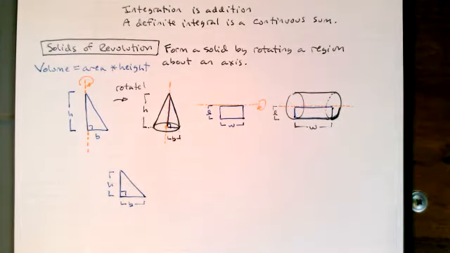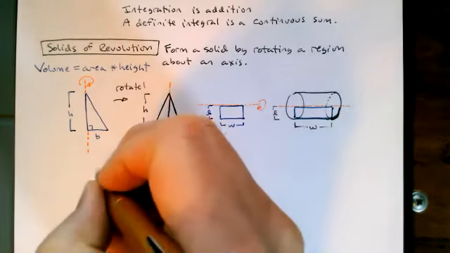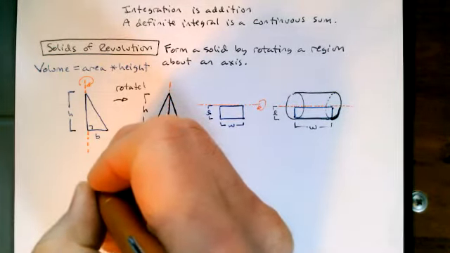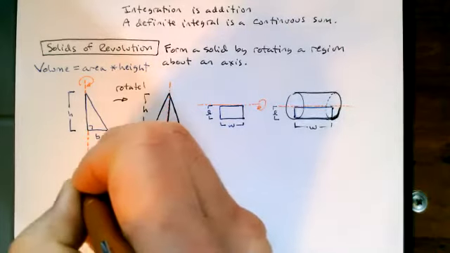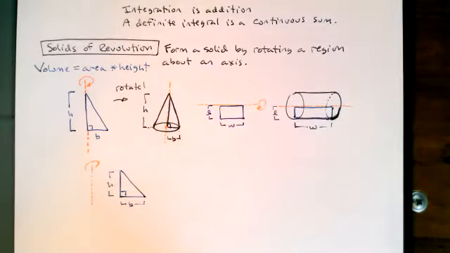But instead of rotating it around a boundary of the region, we'll leave a space and put an axis that's not a boundary of the region.